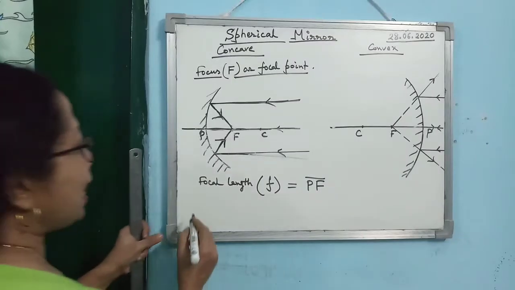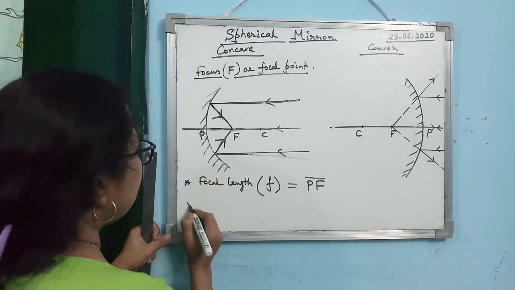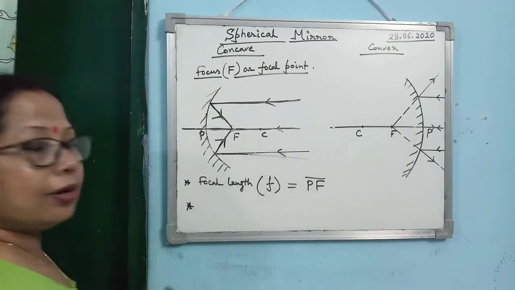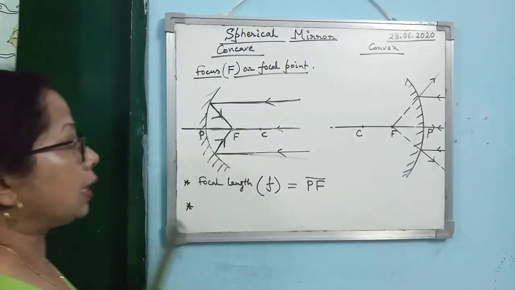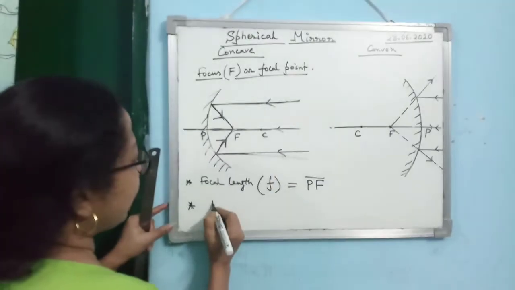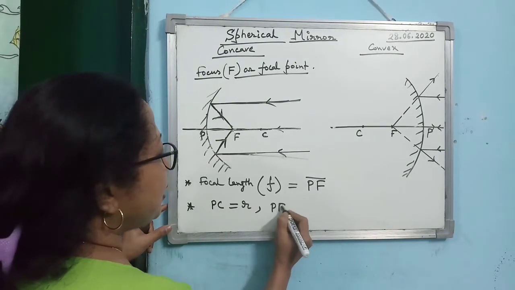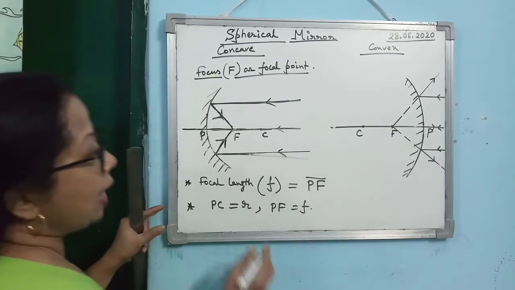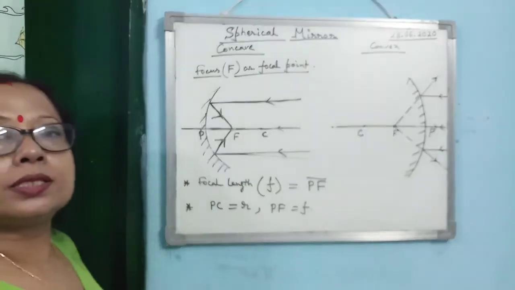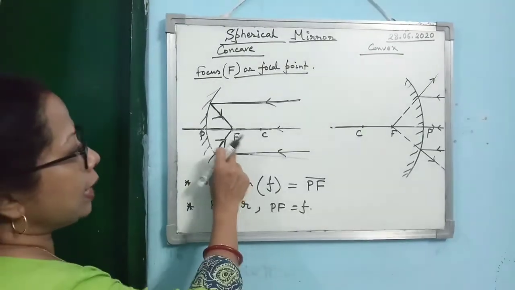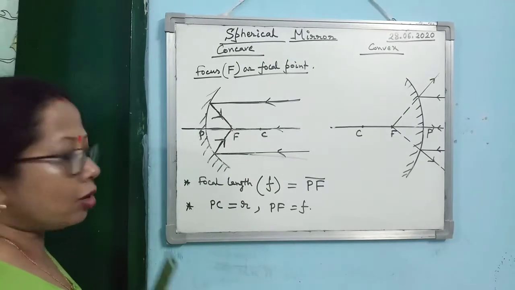Alright, then the next important point is the relation between radius of curvature and focal length. Here you see I said PC is the radius of curvature and PF is the focal length. And while drawing the diagram, what instruction I have given to you? That F is the midpoint of PC. Alright.